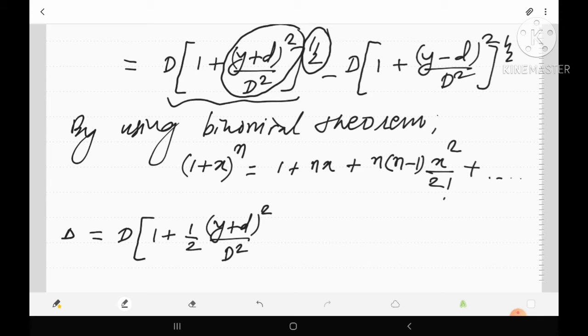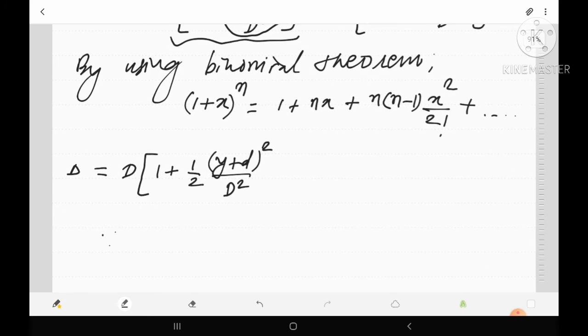Y plus d is the separation between fringes, and capital D is the separation between the slits and screen, as we can see in the figure. Since y plus minus d is very much less than capital D, the higher order terms related to x square may be neglected here. So only up to the second term we have to use the binomial expansion.